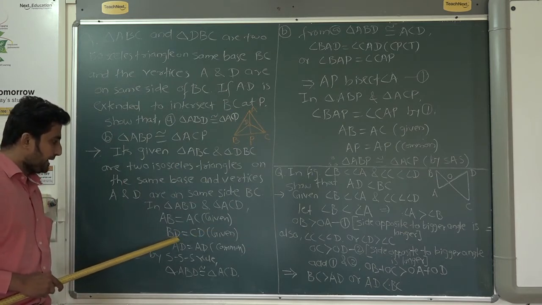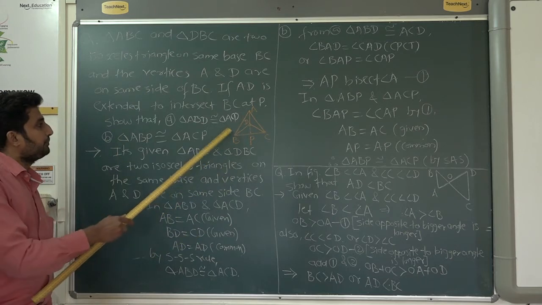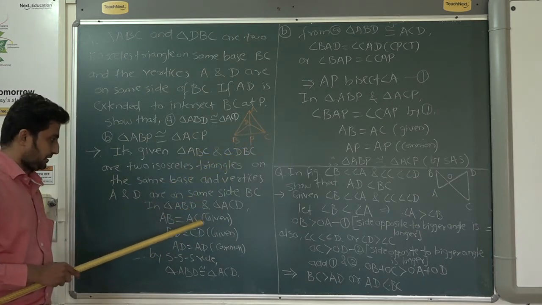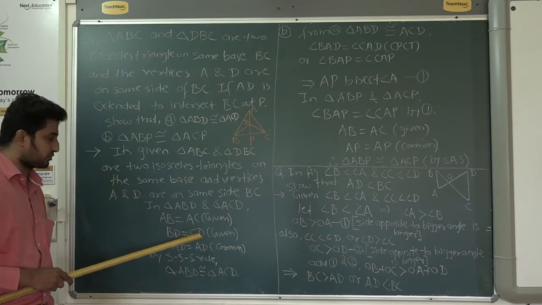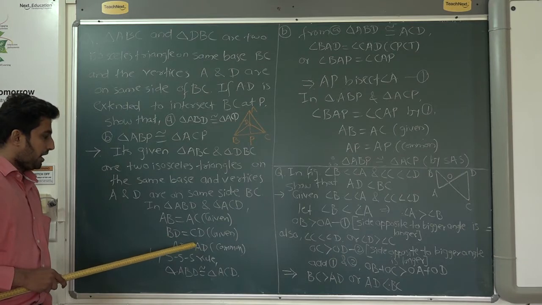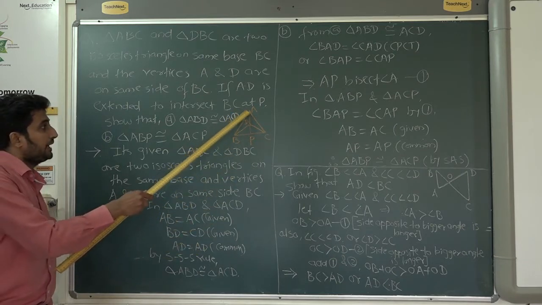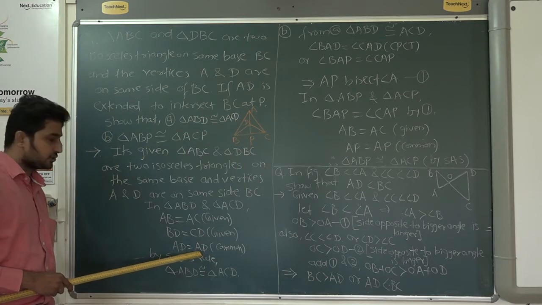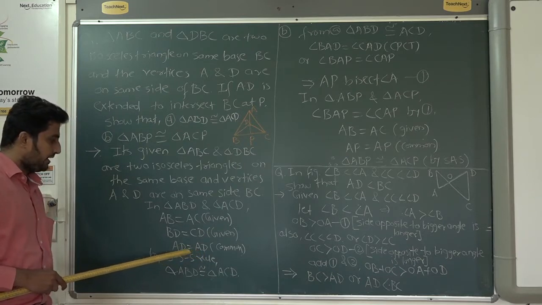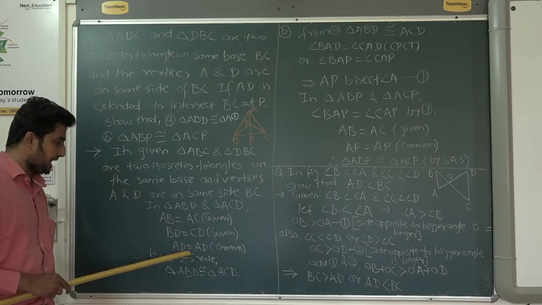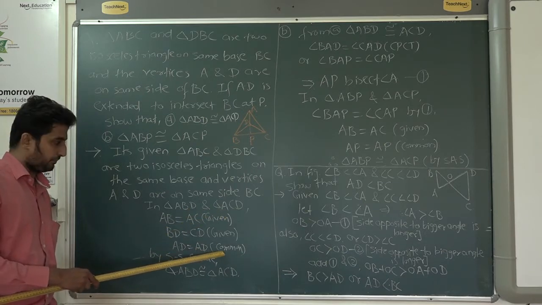Secondly, BD equals CD, that is also given, since it is an isosceles triangle. That's why we can equate the sides. And AD equals AD. Dear students, AD is common in both triangles.